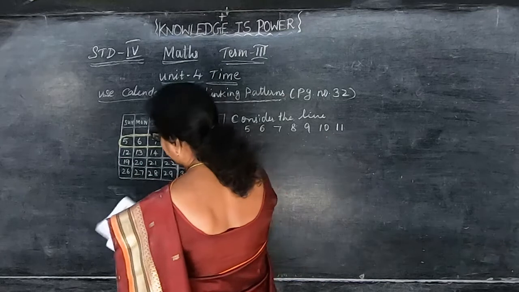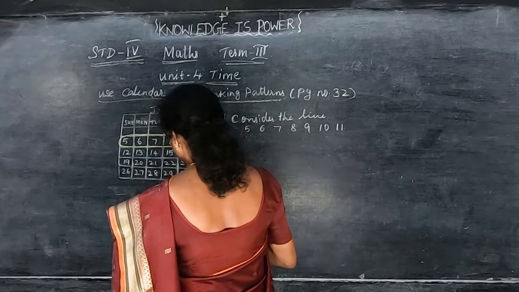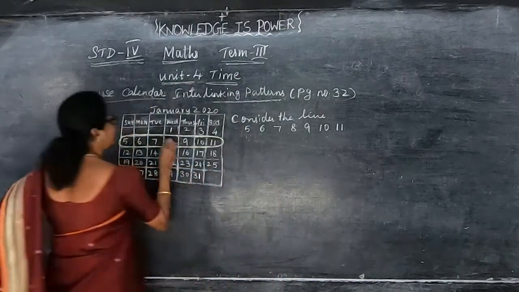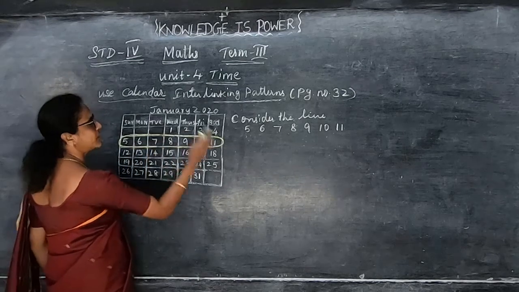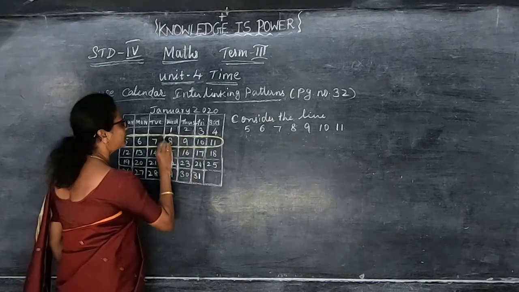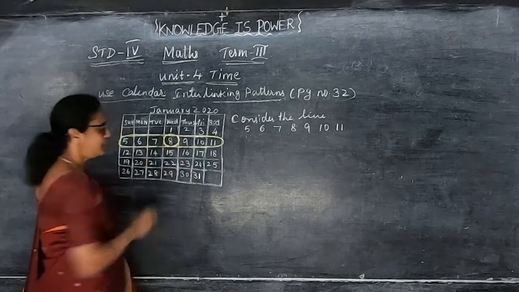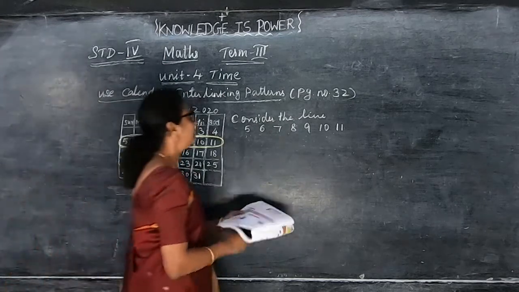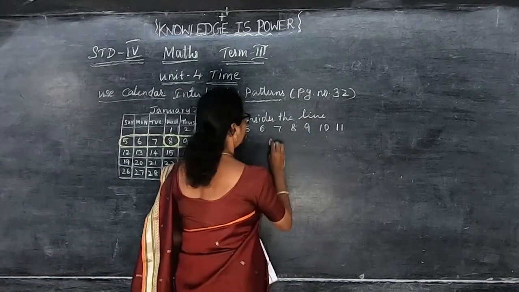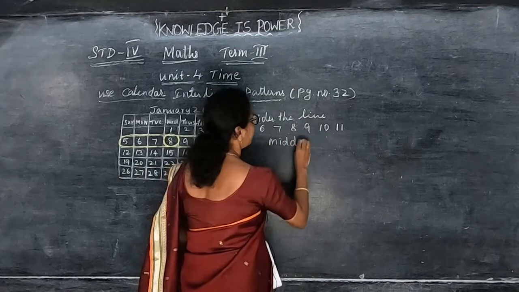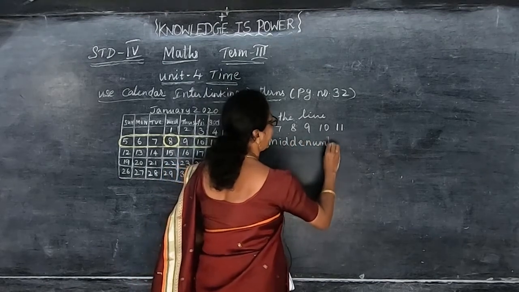Okay, and now the sum of the middle number. What is the middle number here? 5, 6, 7, then 3 numbers 9, 10, 11. So the middle number is 8. Middle number is 8. So you write the middle number.